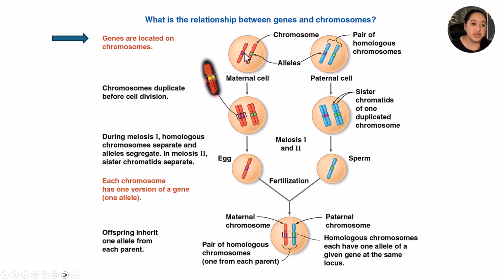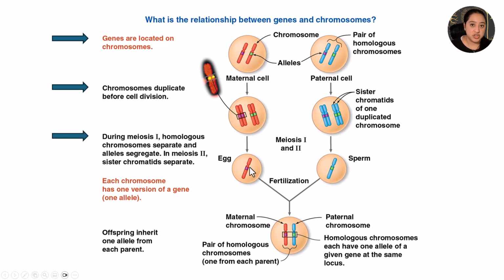When chromosomes duplicate before cell division, that's how you get the sister chromatids of each homologous chromosome. So before cell division, the chromosomes duplicate so that there is enough to get divided up.